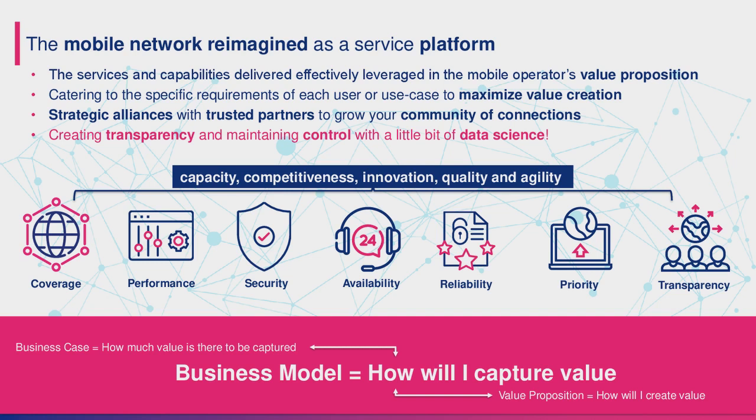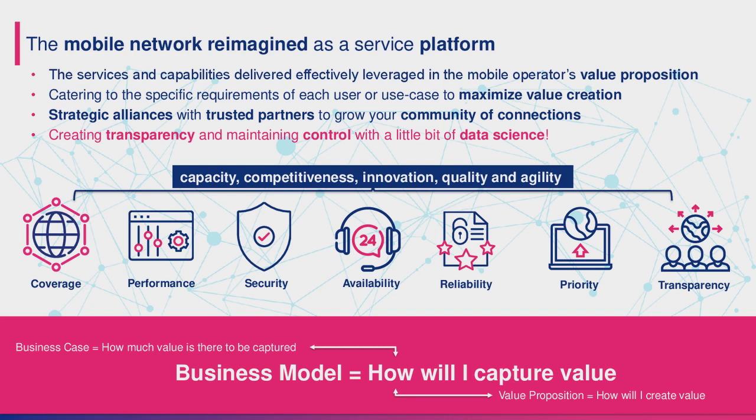Now, if you look at the mobile network, you have a platform providing coverage, normally seamlessly, or at least that is the demand, seamless coverage. A platform that needs to provide coverage but performance coverage, meaning you need to have the right data speeds, the right quality of service, the right accessibility, the right uptime over time. You need to provide a secure platform. So whatever device or person connecting to your mobile network is expecting a certain degree of security.